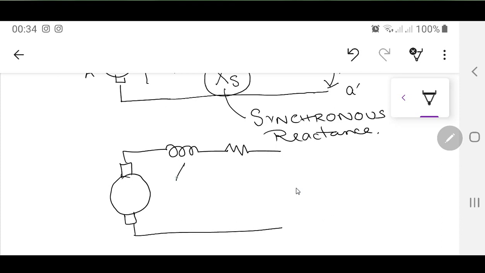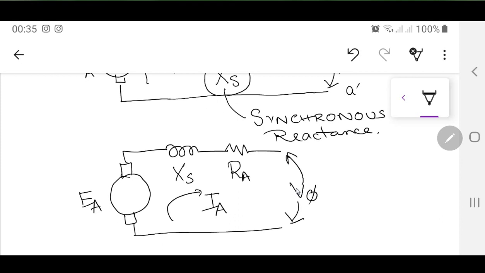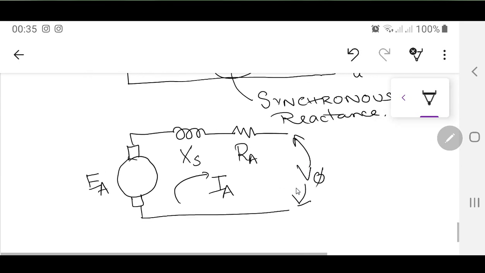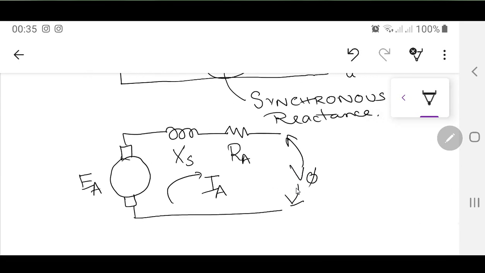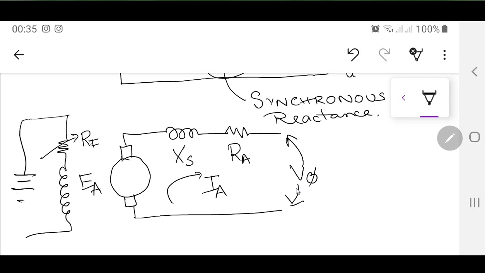The current is going to flow out of this generator. This is that EA, and this is that V phase over there. This is an AC EMF over there. Now in this diagram, if you want to have the rotor also added, on this side supposedly this is that resistance, and then this is that winding. This resistance can be that field winding resistance, and here you can call this one the DC supply applied over there.